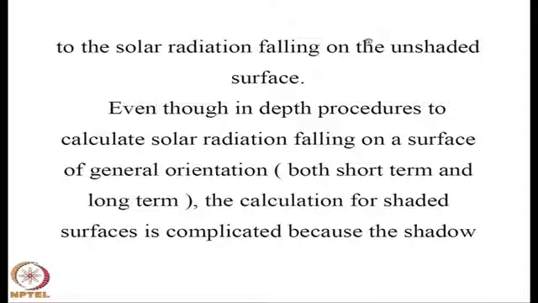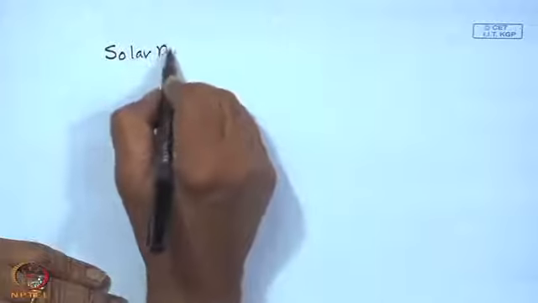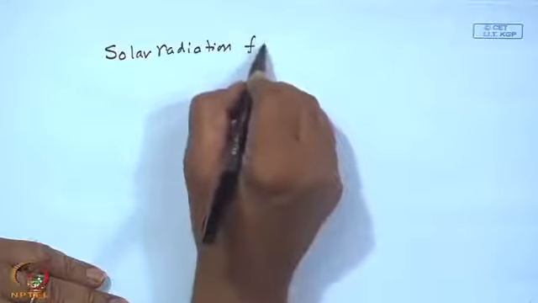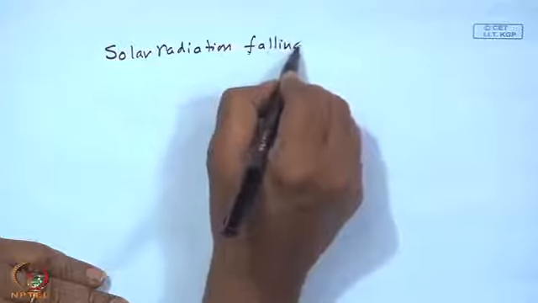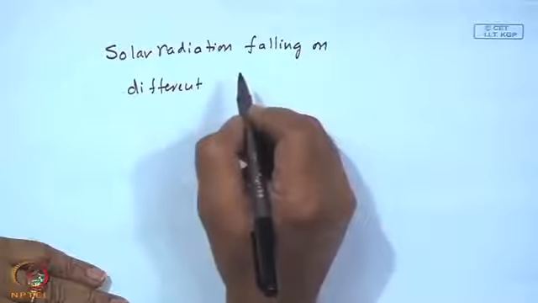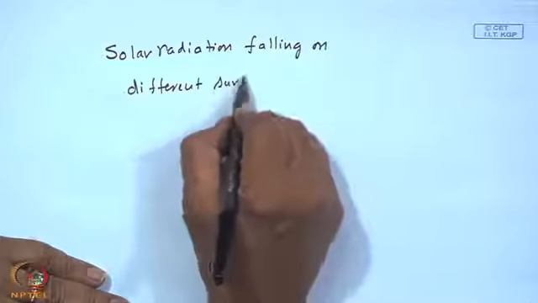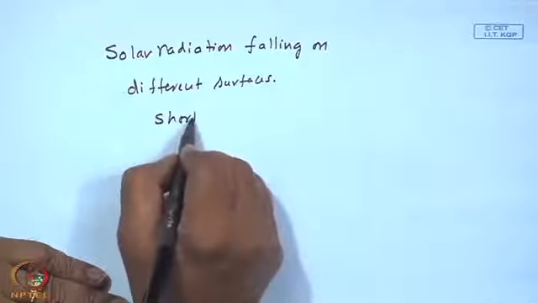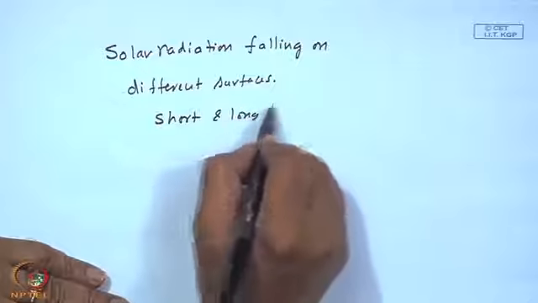So, now the issue lies in that we have calculated solar radiation falling on different surfaces, both short term and long term.